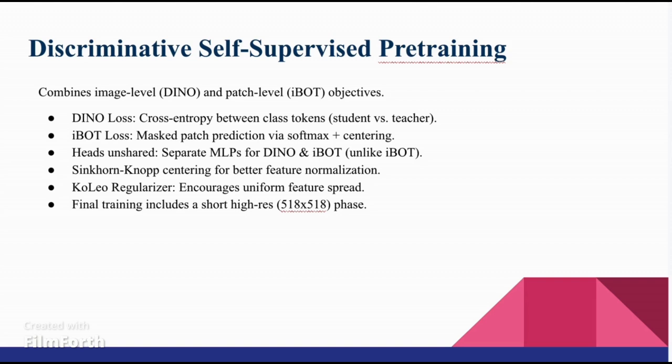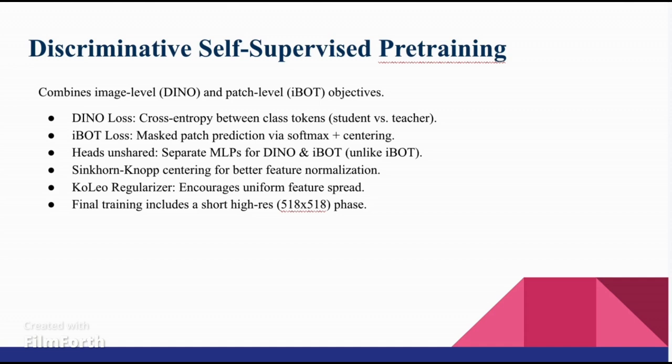They further refine the setup by untying the heads for these losses, using separate MLPs for DINO and iBOT rather than sharing them, which improves performance at scale. To stabilize training, they introduce Sinkhorn-Knopp centering from SwAV, which avoids dominance of frequent patterns in the prototype space.